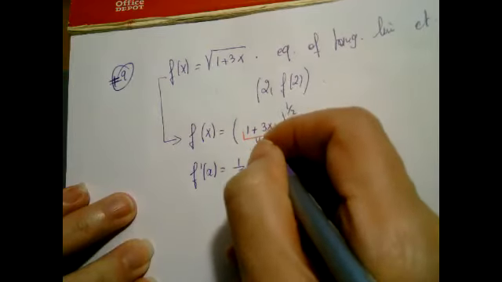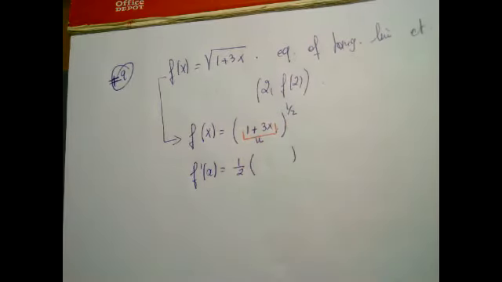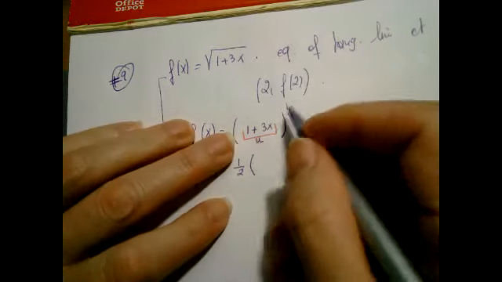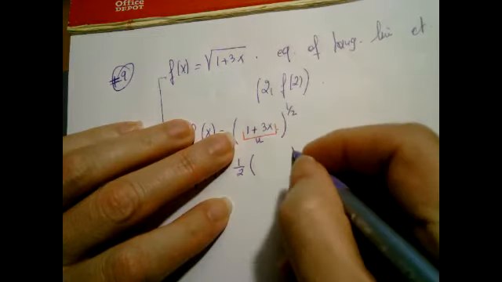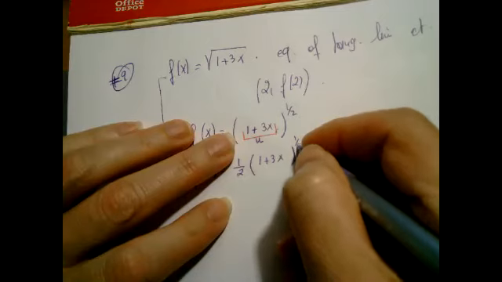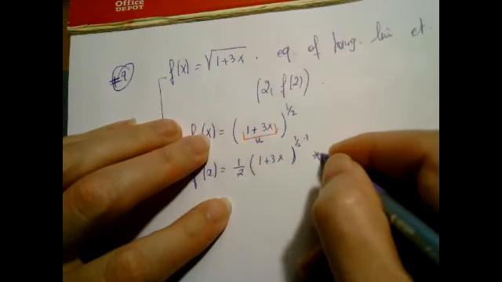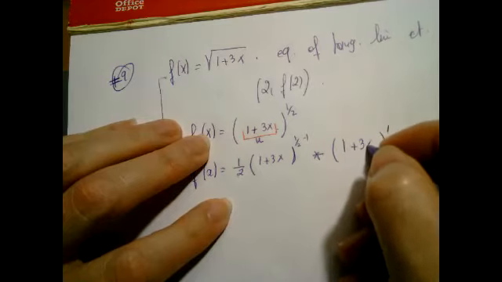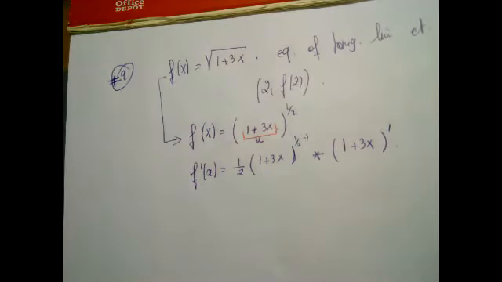So this is my u. That's really my u. That's my inside. And that's an easy inside here. So it's going to be a half times derivative of u to the half, which is a half times u, which is 1 plus 3x, to the power a half minus 1, times the derivative of the inside. It means the derivative of 1 plus 3x.